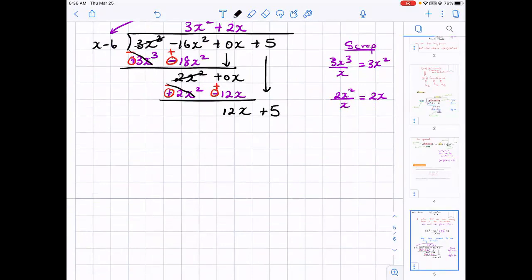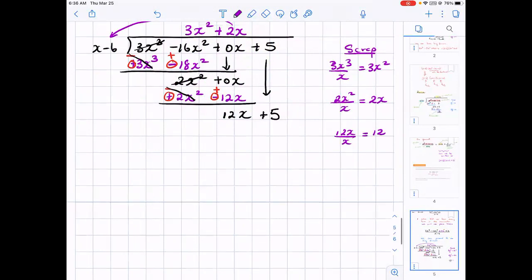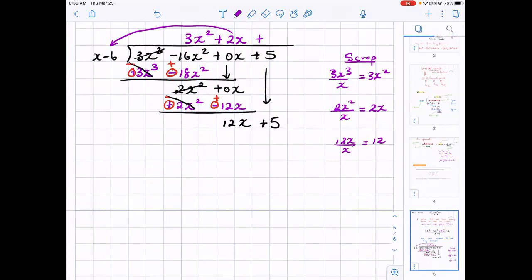So if we divide again, what is 12x divided by x, and that is equal to 12. So here we write plus 12. I want to get rid of this because we'll now distribute everything here.